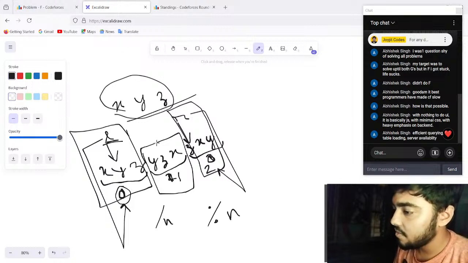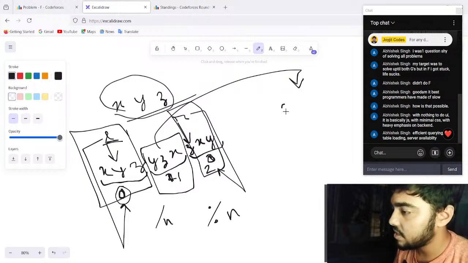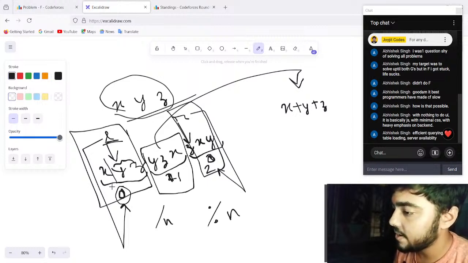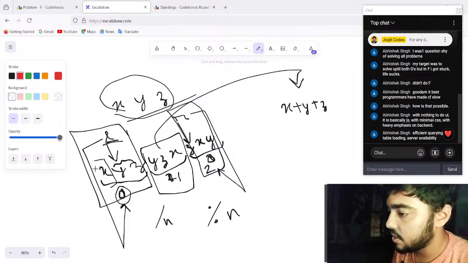Based on that, we know that this sum, x plus y plus z, is already included. But from this point of view, we have to just find the sum of y plus z. We don't need x, so this x is excluded.